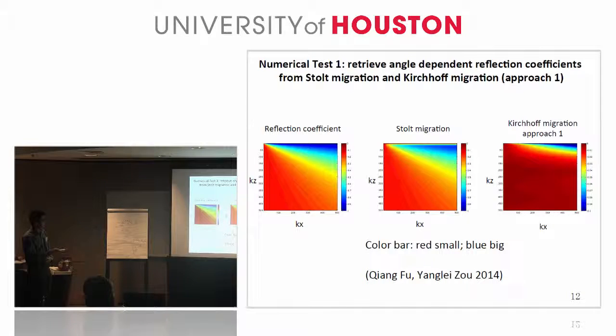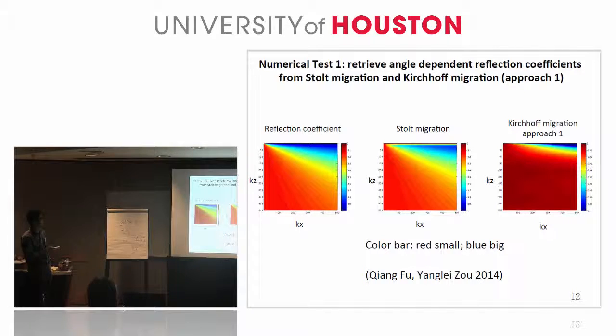And this slide shows the results that we get from Stolt migration and Kirchhoff migration. The figure on the left shows the real reflection coefficient for the reflector, which we can calculate from the model.